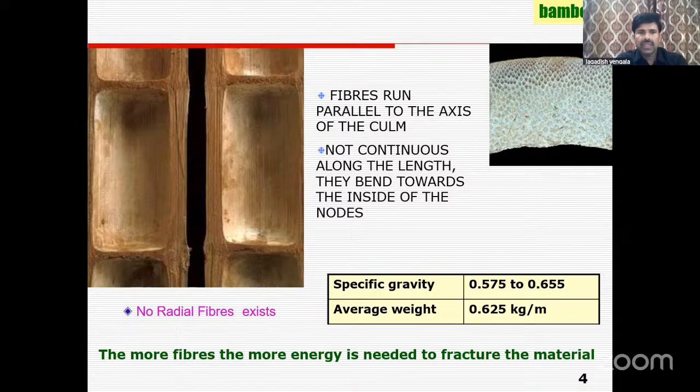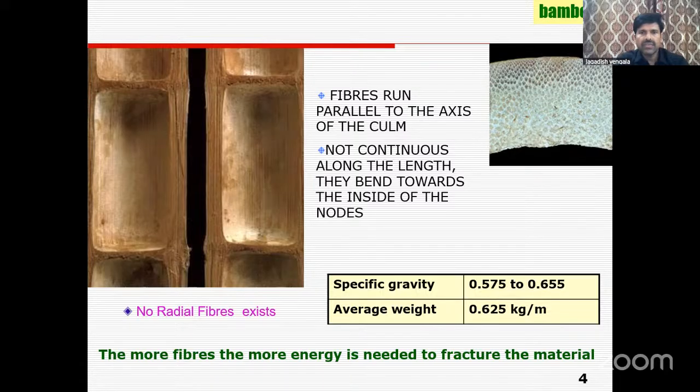When you cut it into two halves, you can see what is inside. There is a hollow portion, we all know, and there is a node portion. The node is a solid disc. Between two nodes it is hollow.